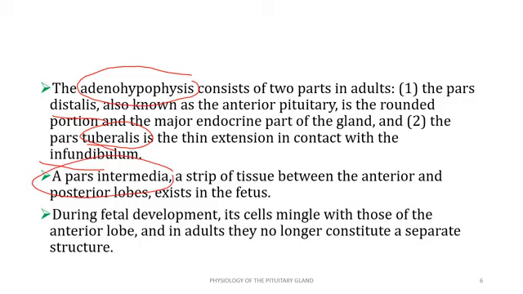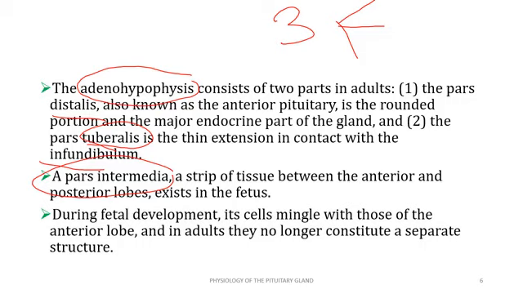It does not exist in the adult pituitary. In the fetus, the pituitary is divided into three parts: the anterior lobe, which is the adenohypophysis, the middle lobe, which is the pars intermedia, and the posterior lobe, which is the neurohypophysis.